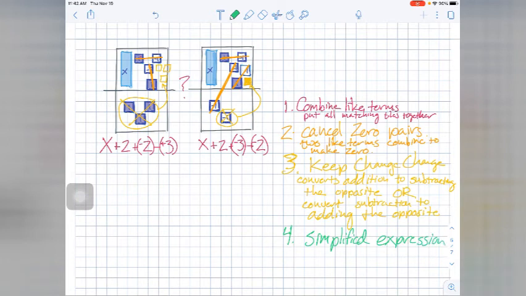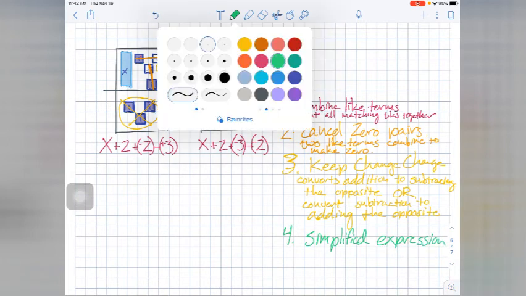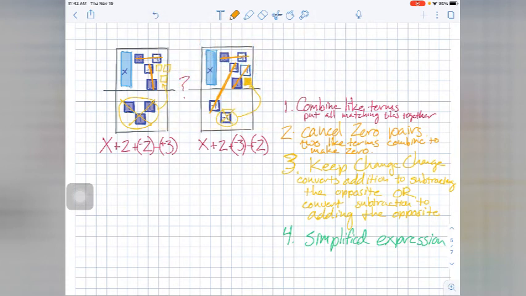And so let's go through those steps one more time. We have written down our equation, but when I cancel zero pairs, the 2 and the negative 2 are going to make a 0. So here's my canceling zero pairs. I just made a 0 out of that. And so what I'm left with is x minus positive 3.